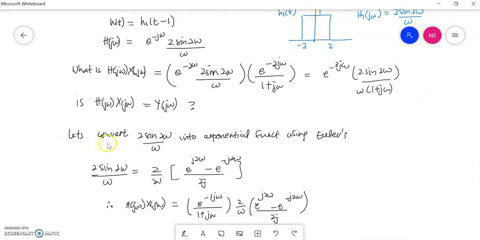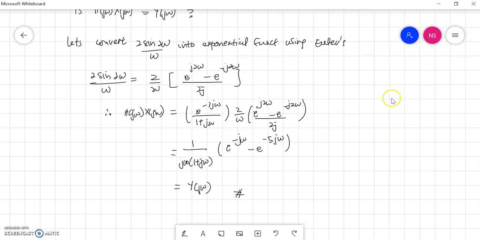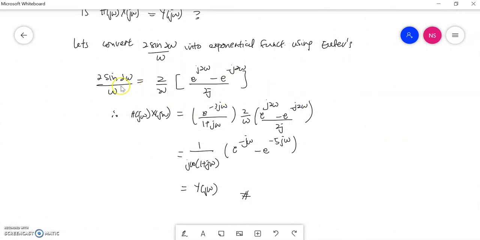So let's convert 2 omega divided by omega into exponential using Euler's relation. We have this, and this is equal to this. Now we replace this inside here, where the sine function is, and then we can find it to be equal to this by simplifying the above.